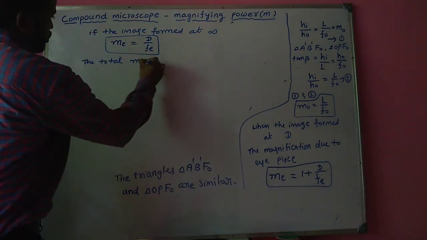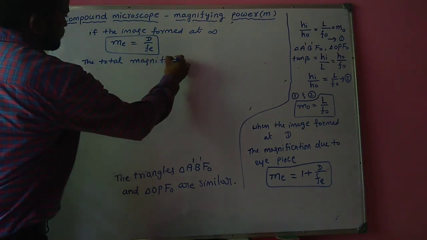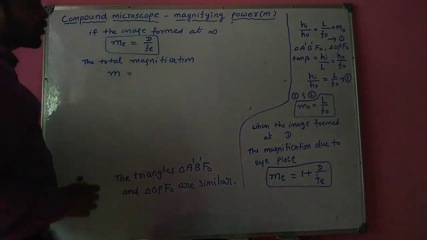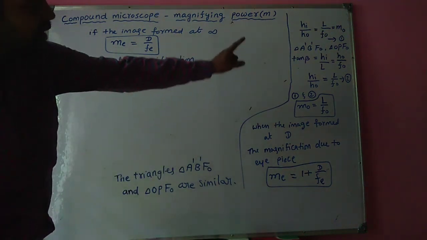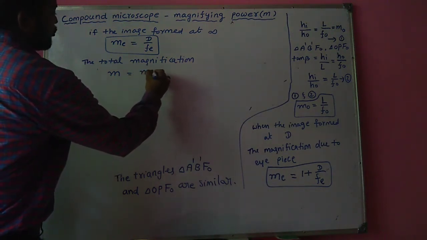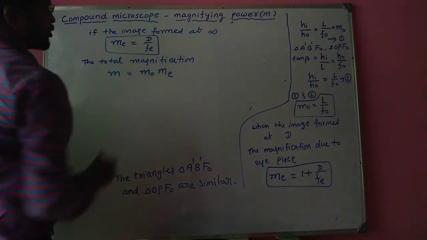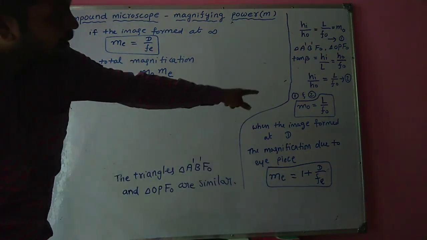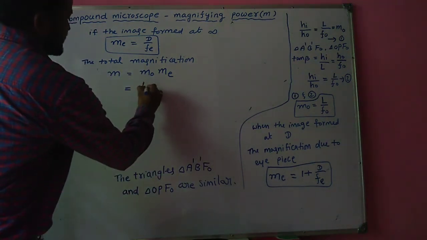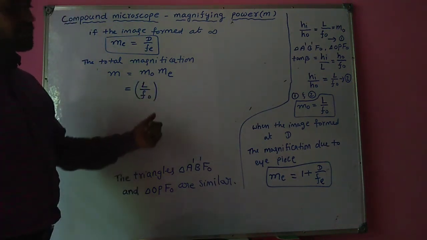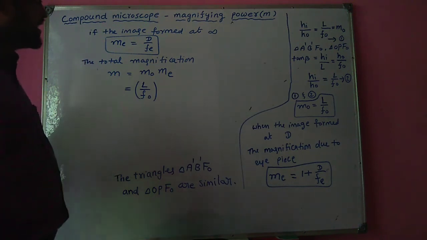Then the total magnification M can be written as the product of the magnification due to objective and the magnification due to eyepiece, that is MO into ME. MO is L by FO, where L is the tube length and FO is the focal length of the objective.